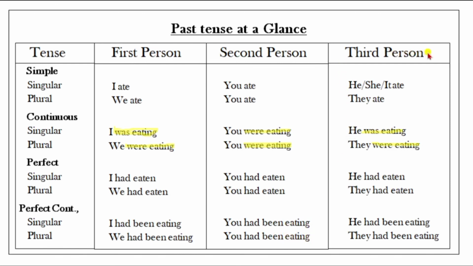And now third person, singular after, he had been eating. Plural after also had been eating. What is the difference between singular and plural after, which verb we are using? So you are getting a clear idea upon this past tense.